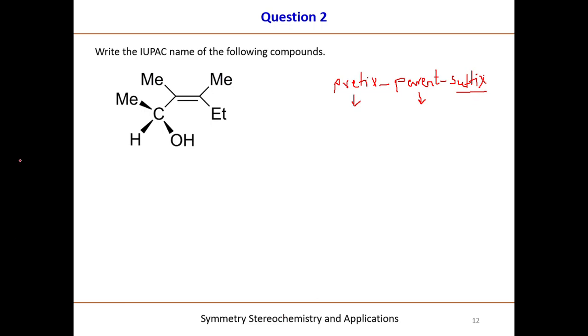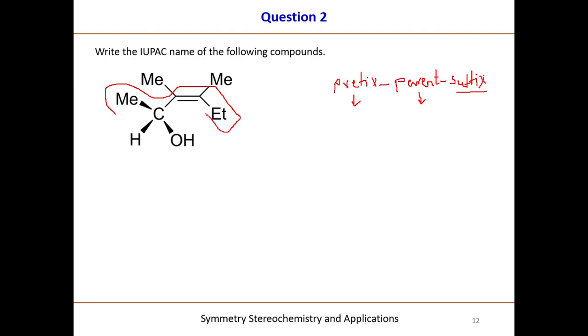So let's talk about this molecule. Here we have to find out the suffix first, because if we find out the suffix, then we will not include it in the prefix, because it's also a substituent but its priority is highest, that's called a suffix. So here we have how many substituents: methyl, methyl, ethyl, and hydroxy. So first we will find out the parent chain, then it will become easy.